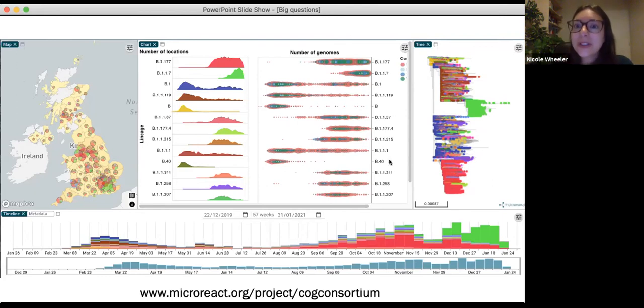So in the tree over here, you can see the new variant in the green is a really good example. We've got this big brown cluster with other colors mixed in, and then a very distinct green bit. So that is relatively easy to call a new strain.